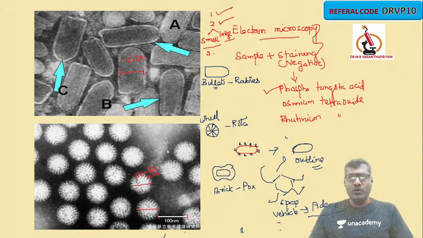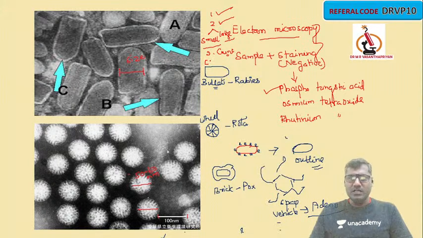Here the viruses specifically take up the dye, phosphotungstic acid. We can make the counting of the viruses. Point to remember, we can make the counting also. We count 1, 2, 3, 4 like this. We make the counting of the viruses in the electron microscopy.